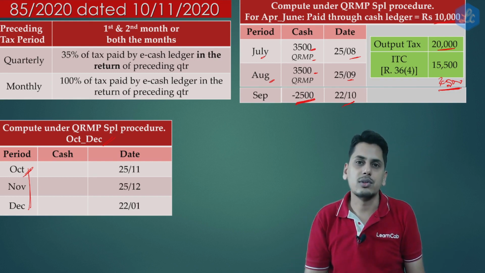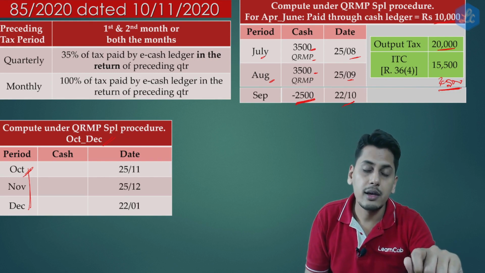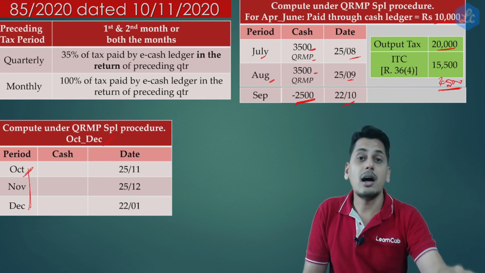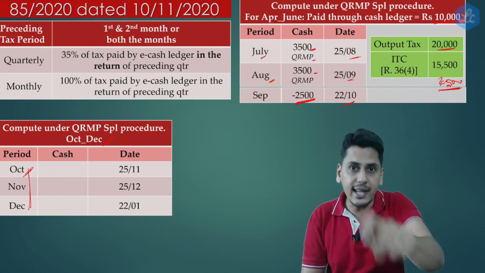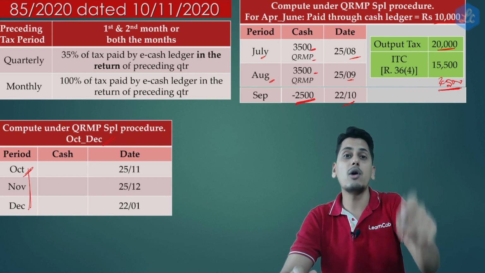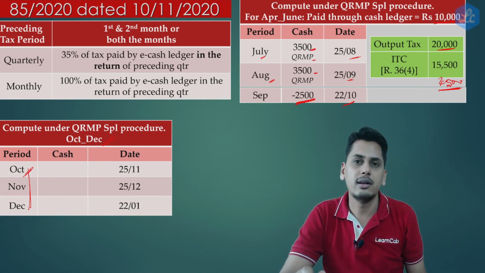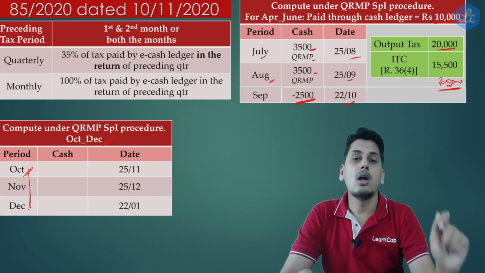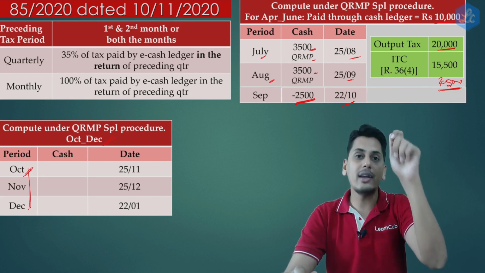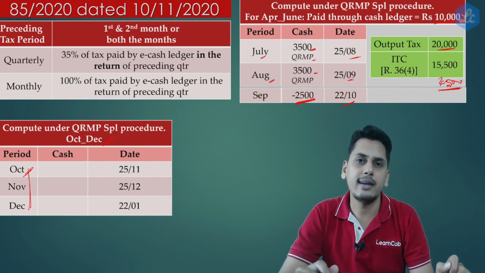The answer is no. The wordings are, you pay 35% of the amount which is paid by debiting the electronic cash ledger.